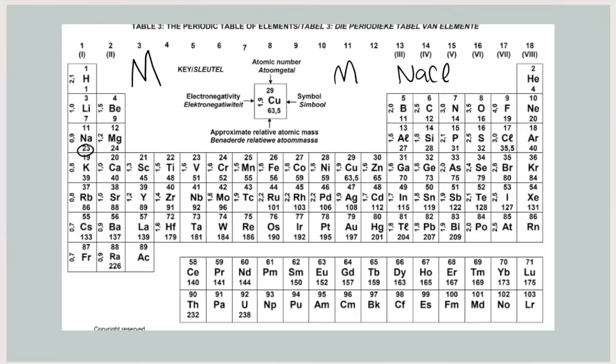It has a molar mass of 23. Chlorine has a molar mass of 35,5. So 23 plus 35,5 gets us 58,5 grams per mole. Knowing how to use your periodic table and what the elements are, you absolutely need to know that. If you struggle with understanding what the elements are and with naming and balancing, you need to check out some of my other videos.